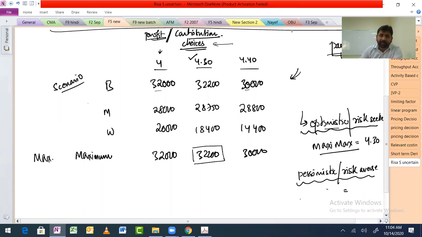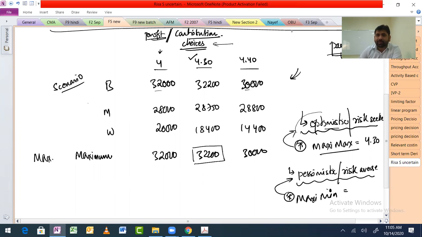Maximax and maximin. The names are a little bit weird. Maximin. In the book they have taught you maximax, they have taught you maximin. That's it. All of these that we are doing is all homemade stuff, because it helps in understanding.